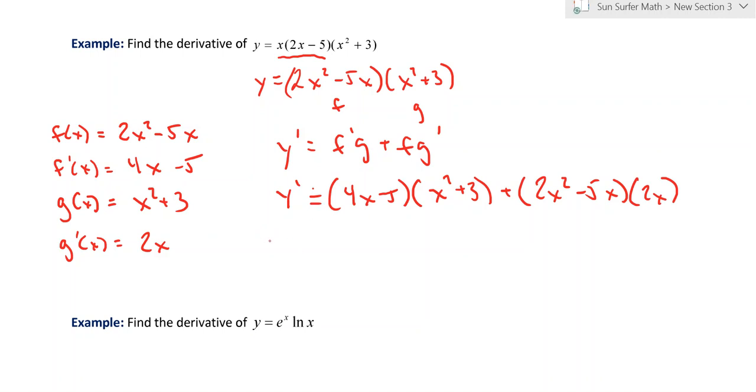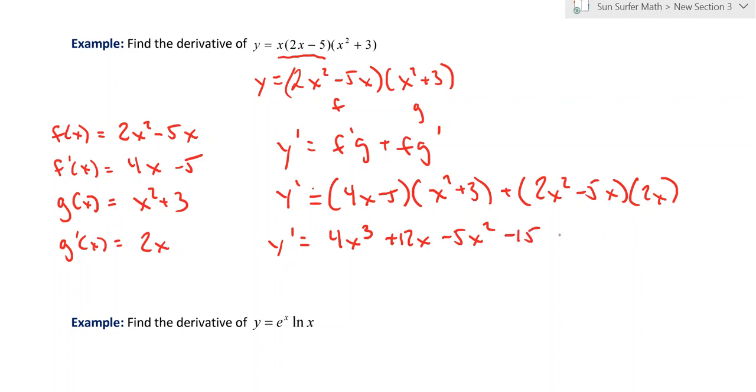So again, using the FOIL on this, I have 4x times x squared is 4x cubed. 4x times 3 is 12x. Minus 5 times x squared is minus 5x squared. And minus 5 times 3 is minus 15.